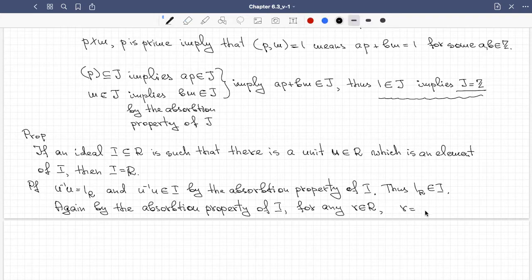R is equal to R times identity, and this, by the absorption property, is an element of the ideal. Thus, any element of the ring is an element of the ideal. As claimed, the ideal is equal to the whole ring.